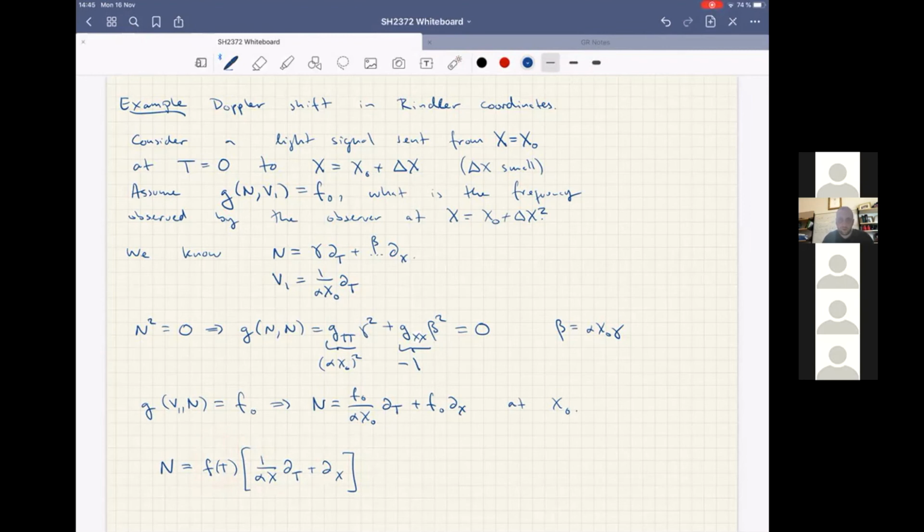So using the parallel transport equation, I can now insert this into the parallel transport equation, and I can figure out what this function f of t is.